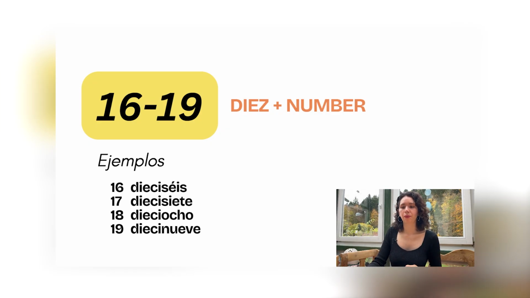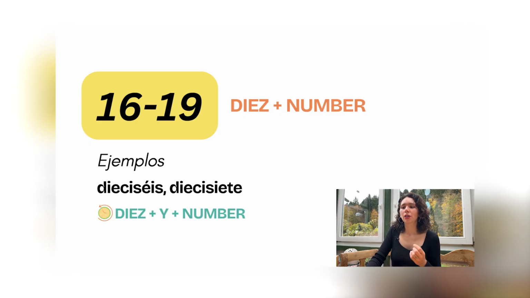For example, 16, 17, 18, 19. So here, 16, if you can see, is diez y seis, 10 and 6. But why is it written like that? Before, the number was like this: diez y then the number.